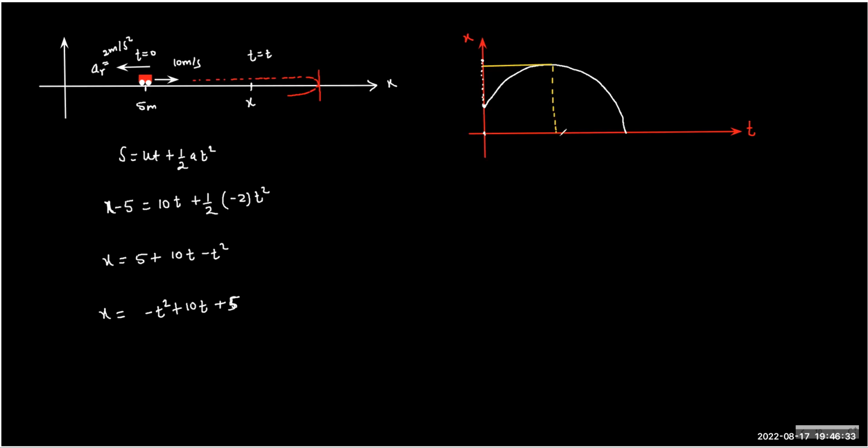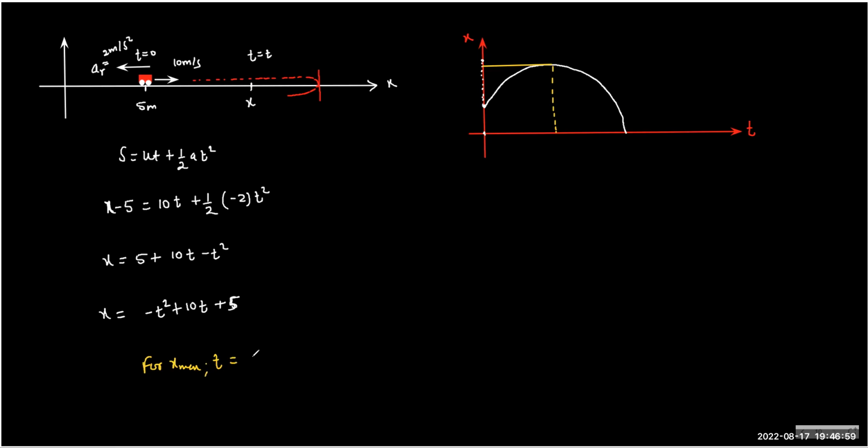So if I want to know what is the maximum x I can achieve, what is the x max? For x max, the function must have the value how much?